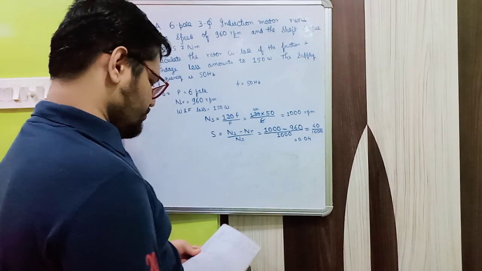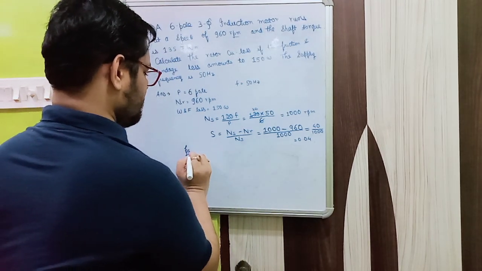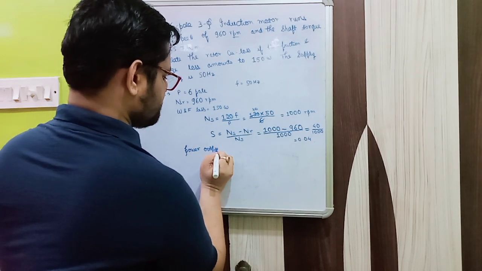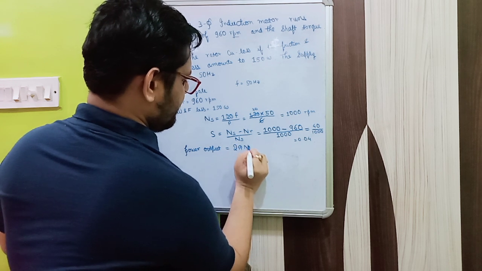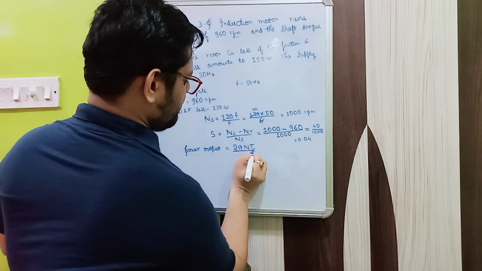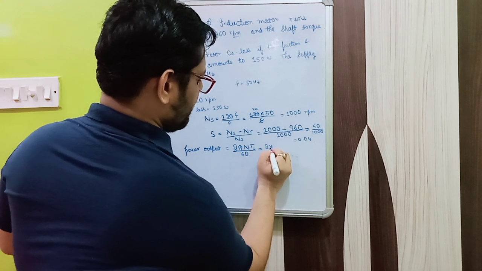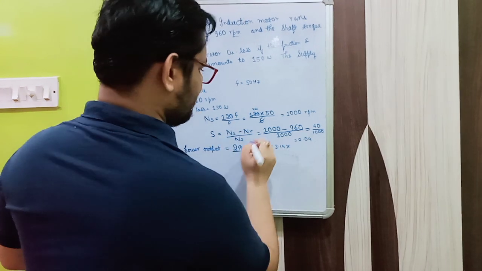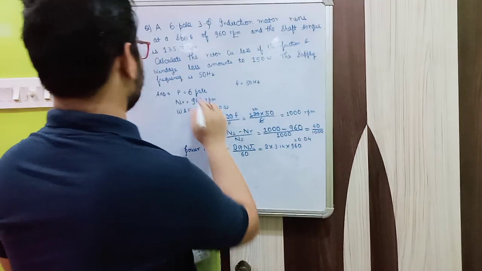So we have found the synchronous speed, we have found the slip. What we have to do next is the power output. What is the power output? The formula is 2 pi N Ts divided by 60. So we have to put the values. 2 pi is 3.14, N is the speed, 960, and we have also already got Ts.